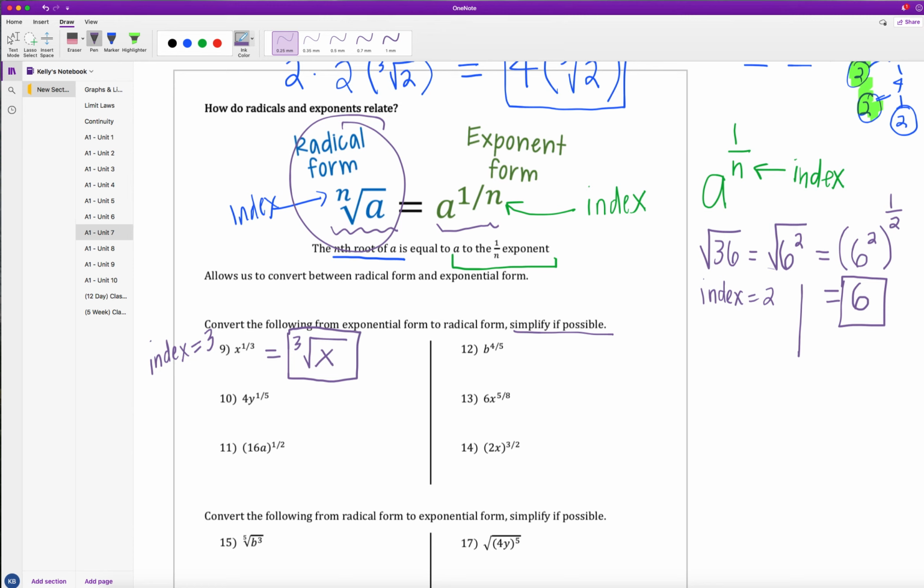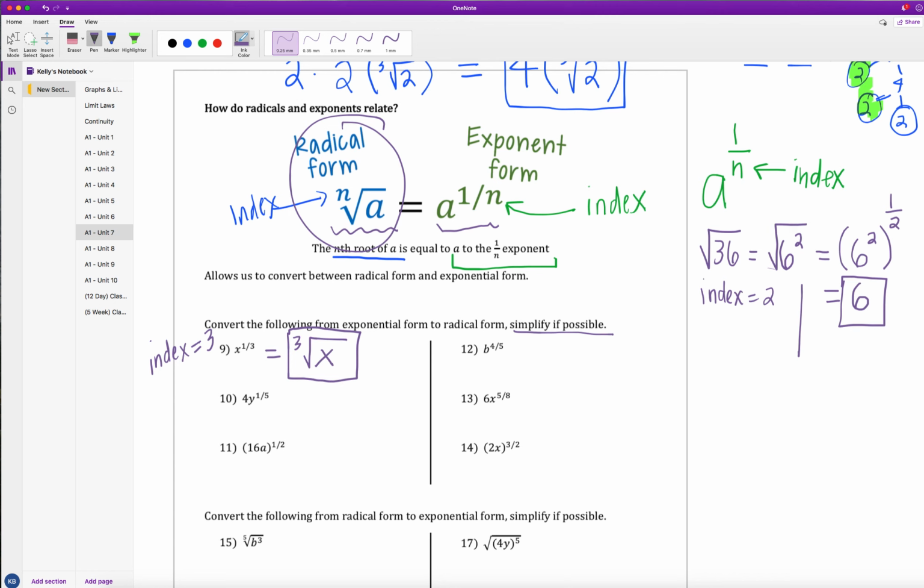Example 10 says 4 times y to the 1/5 power. Now the first thing you should ask yourself when you have coefficients is, is the coefficient being raised to the power, or is only the variable being raised to the power? So what do you guys think here? Is both the 4 and the y being raised to the power, or is only the y being raised to the power?